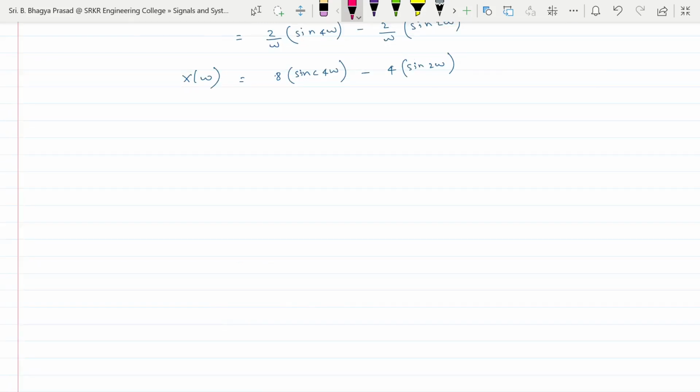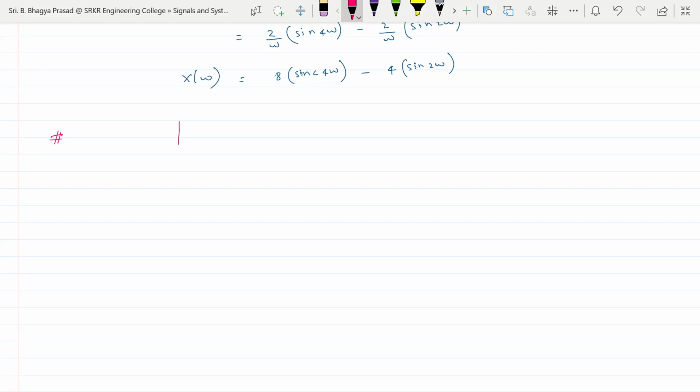Let us solve the Fourier transform of a triangle which is having the width of tau. Like the Fourier transform of the pulse, we perform the time differentiation property to find out the Fourier transform of the triangle.